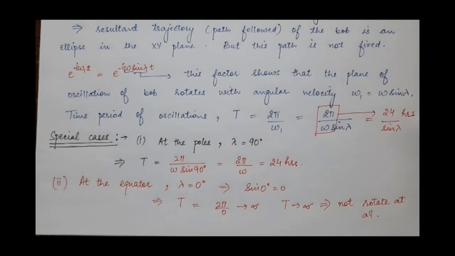So this is all about Foucault's pendulum, and this topic is very important from the examination point of view, and this is the last topic of this unit or this chapter, that is frame of reference.